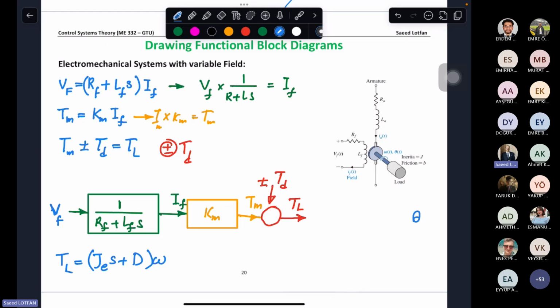So T load multiplied by 1 over JES plus D gives me omega. And this omega, when integrated by 1 over S, gives me theta. So the system we represented here is an open loop control system, and we can show it by multiple block diagrams. Clear?